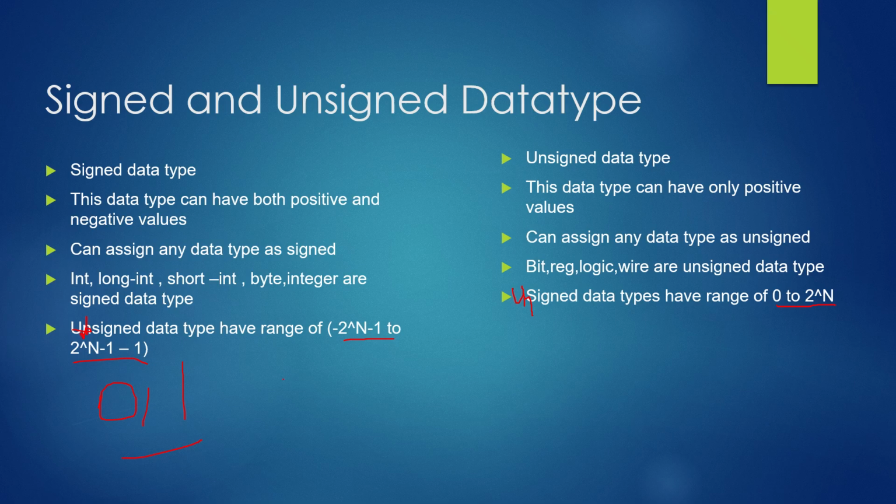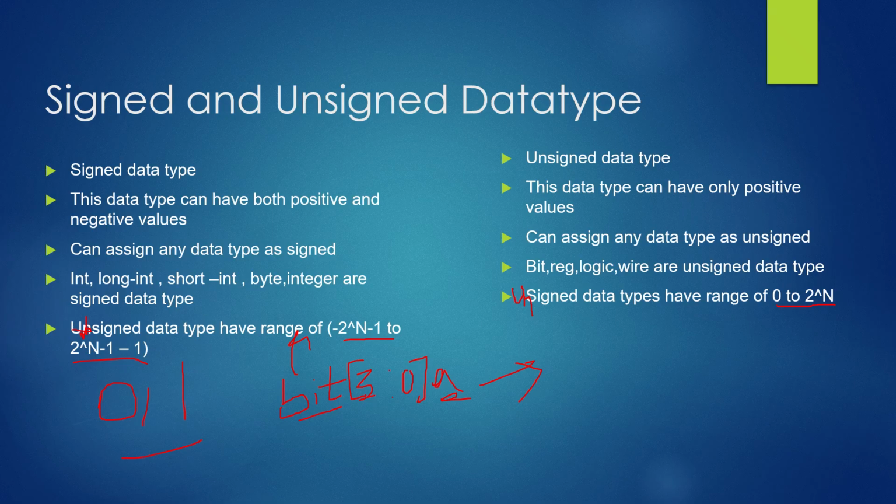Let's take bit here. bit [3:0] a. So what we have discussed, bit is a two-state variable and here bit is an unsigned variable, which means it can hold only positive values, and the range of this value a should be 0 to 2 power n.